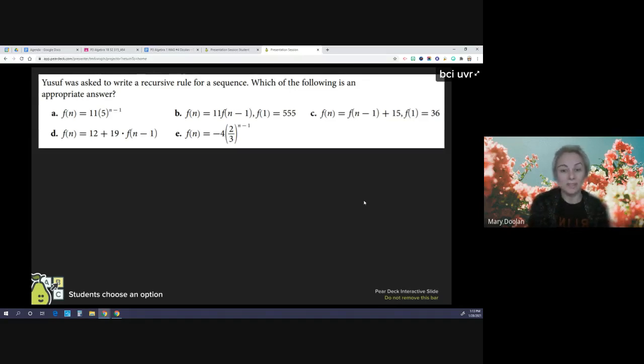So you just have to pick one that's recursive. If you're not really sure what that was, you can look back in your notes for arithmetic sequences. You can also just look at these and try to figure out how maybe two of them are unique in terms of the other three, how they're different.